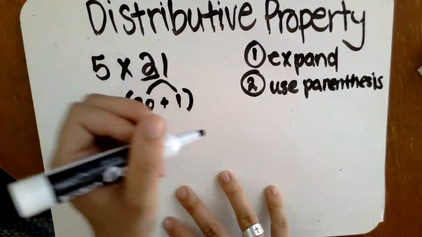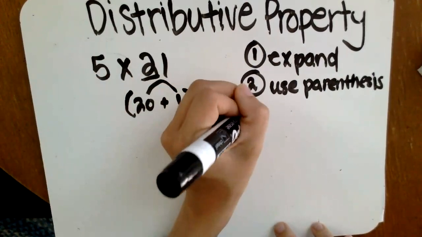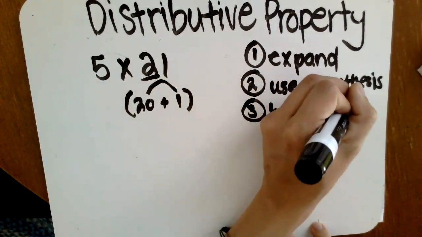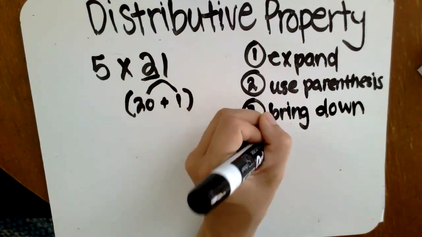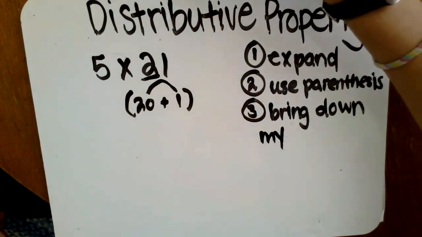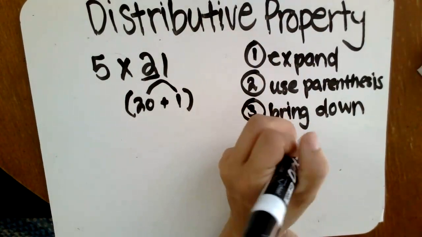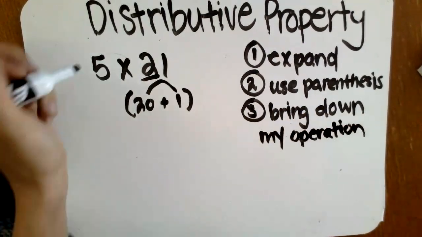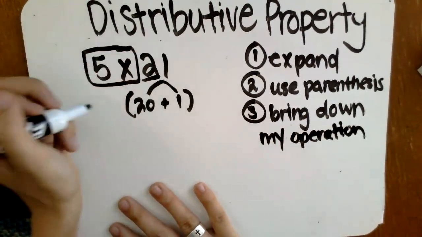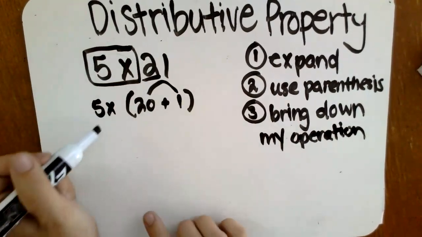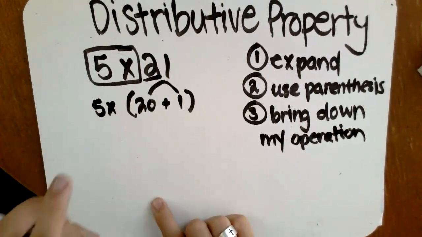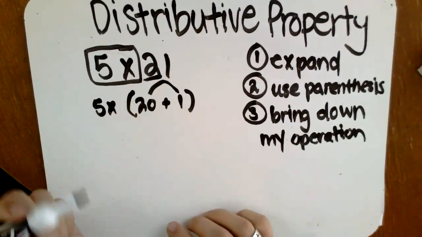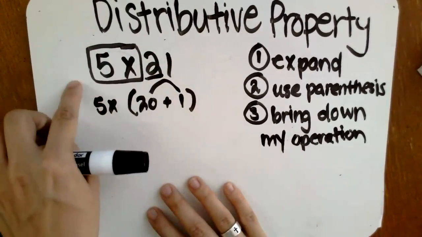And then I'm going to bring down my operation, which in this case would be 5 multiplied by, in parentheses, 20 plus 1. Okay, so that's one way that I can represent this number.